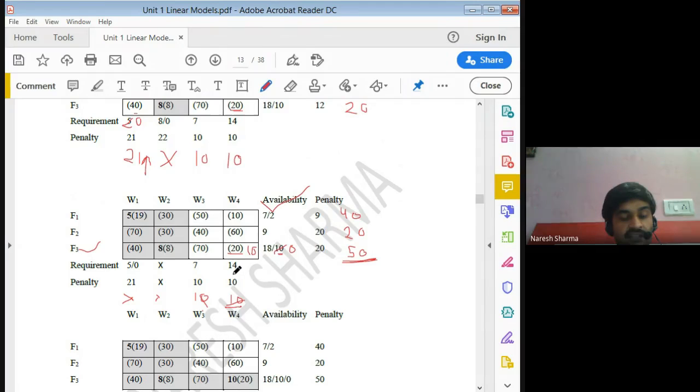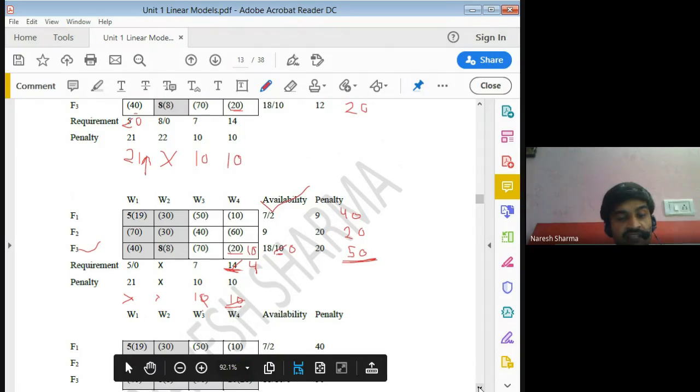Requirement is not 10, requirement is 14. Sorry, 14 and 10. So this minimum value is 10. So we write here 10. After giving the 10 units, 4 units are more required by this. So again go for the next table.